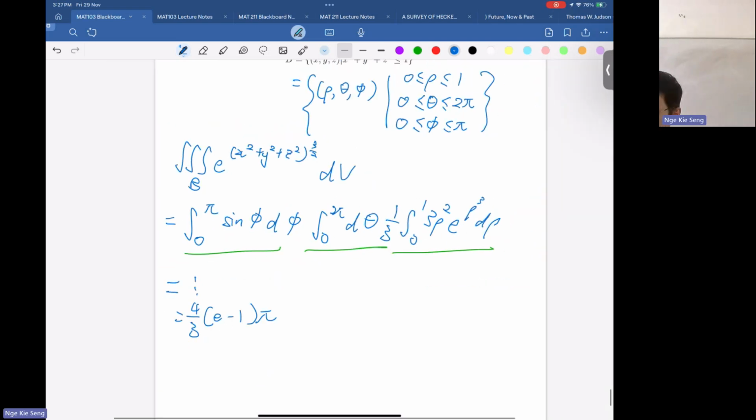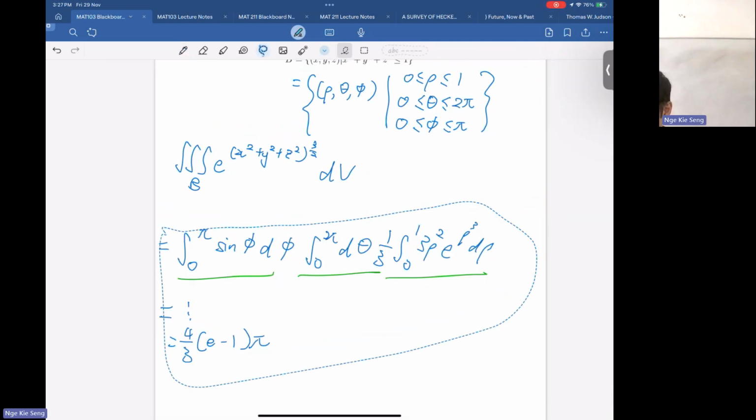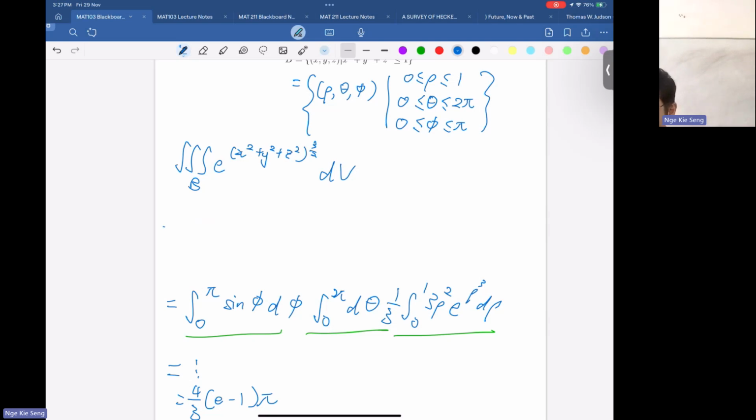算得到吗？Maybe I write down the first step. So what's the first step here?